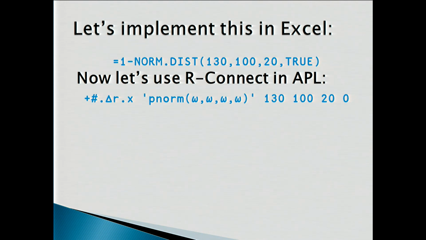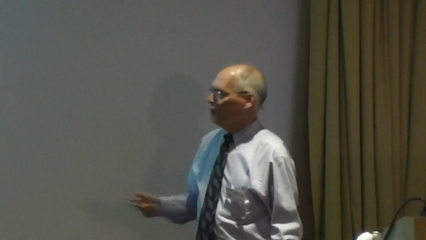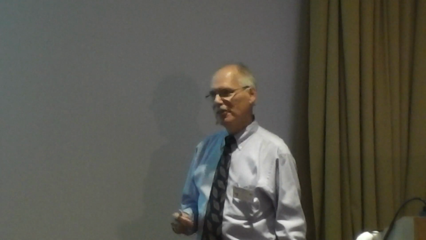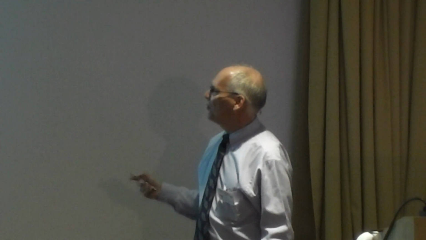And you can give it up to 4 arguments, and they're kind of in the same order as they were in Excel. This 0 says that it's an upper tail. So 1 would mean lower tail, and 0 would mean upper tail. And when you get the result out, I guess you have to put a plus there to make it an explicit result. It's a shy result, right. So I have to do that. So that's how I would do it in R.